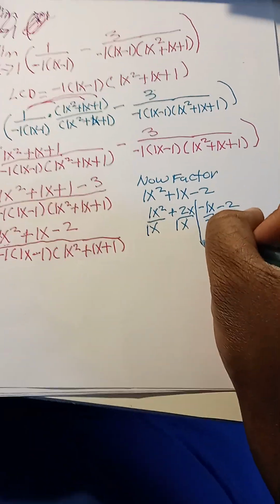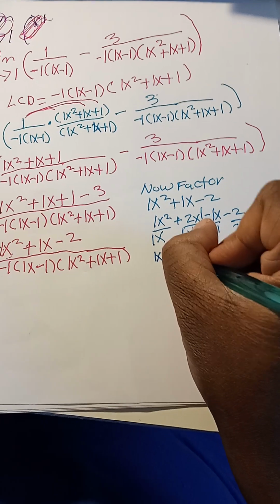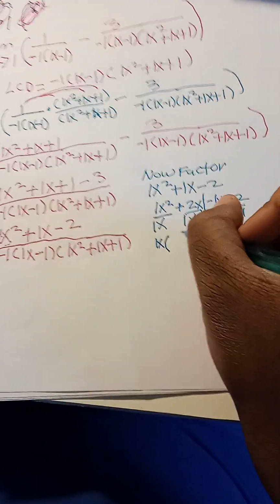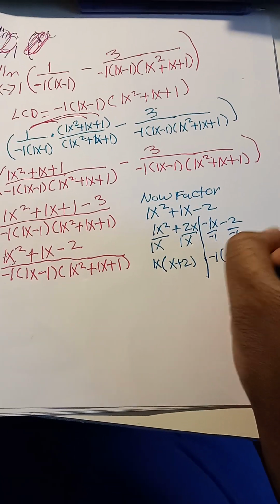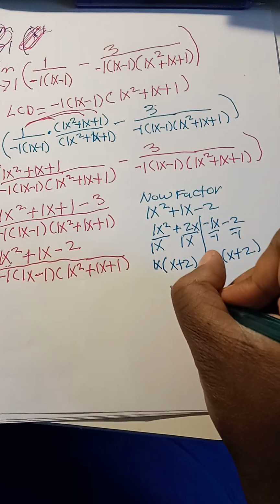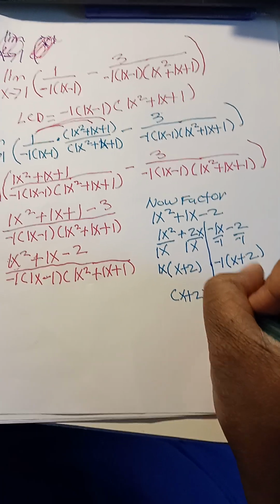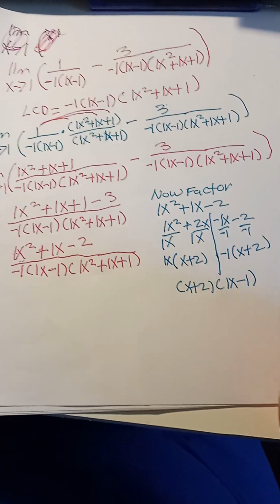And this will come in handy. So then we pull this out, a 1x out, and then we're left with x plus 2. Then a negative 1 comes out, and then we're left with x plus 2. So we bring it together, and it's going to be x plus 2 times 1x minus 1.